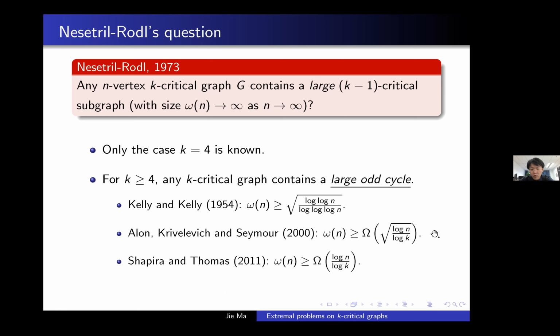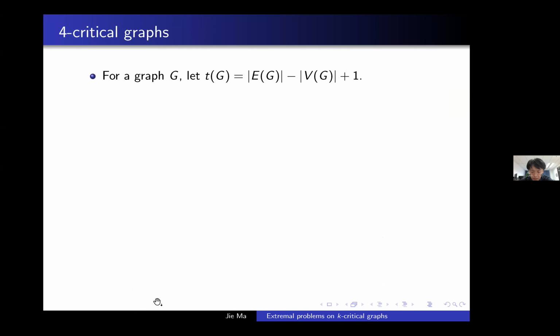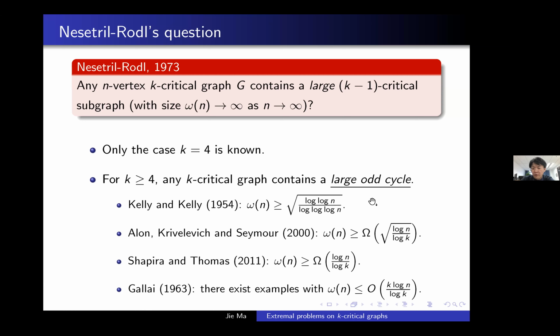And Asaf Shapira and Robin Thomas improved this. The bound should be log n, and this is tight. This matches the construction of Gallai. But this is only for the odd cycles. Basically that's the only thing we know how to find and count in k-critical graphs.